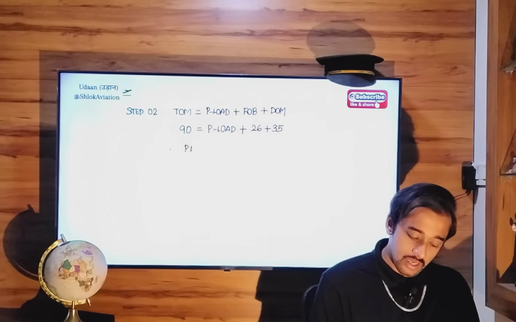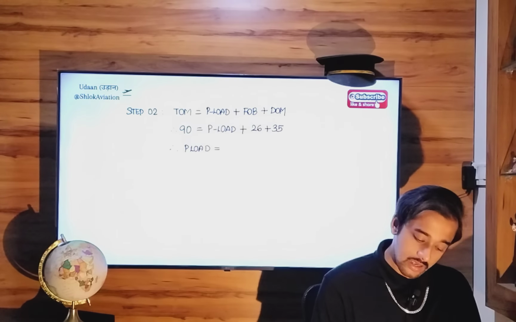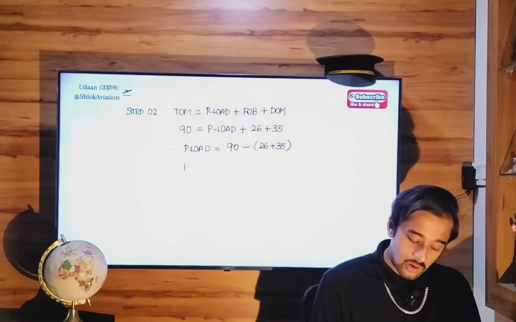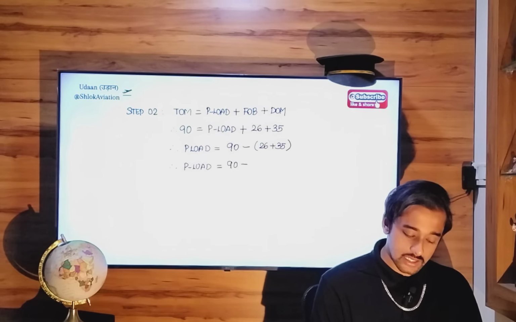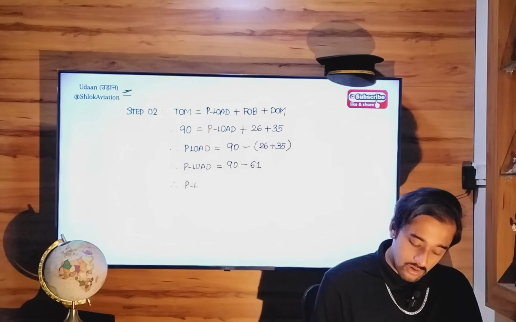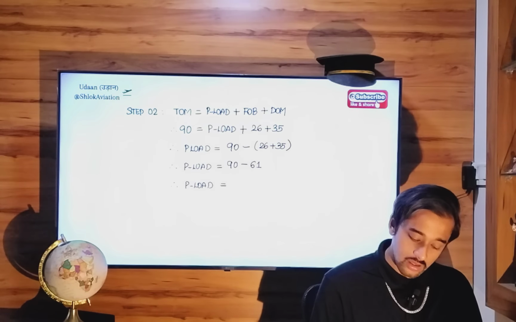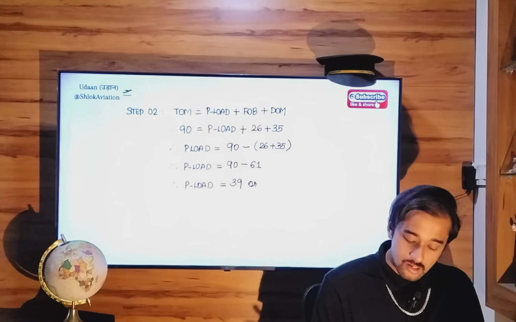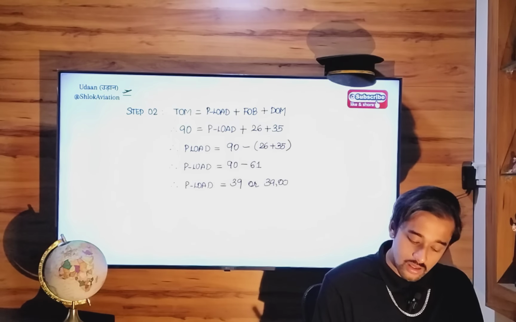Therefore, payload will be equal to 90 minus 26 plus 35. Therefore, payload, traffic load, whatever, will be equal to 90 minus 61. Therefore, payload will be equal to 39 or 39,000 kg.